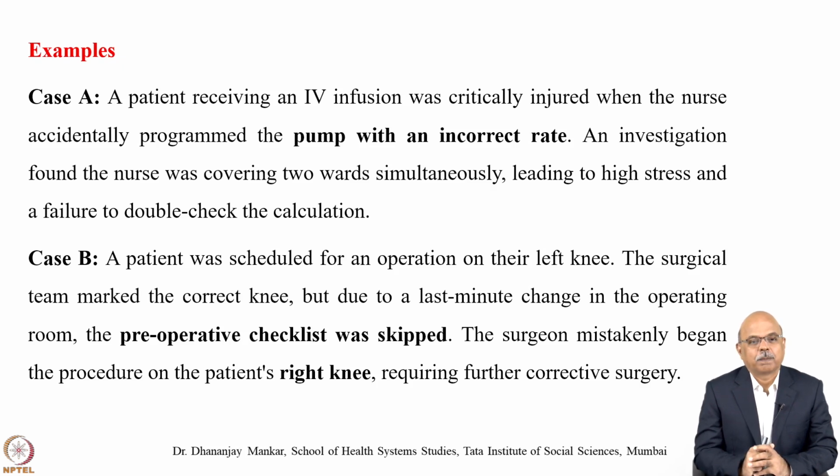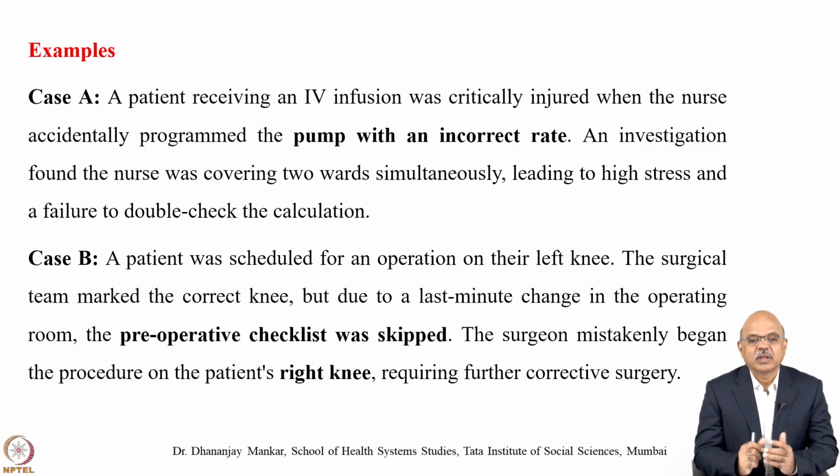In case 2, a patient was scheduled for an operation on the left knee. What happened next? The surgical team marked the correct knee. But due to a last-minute change in the operating room, the pre-operative checklist was skipped.